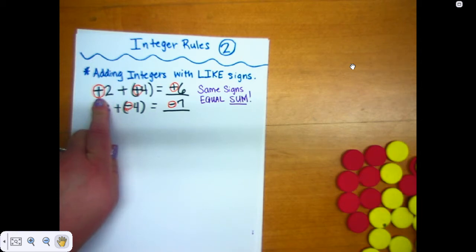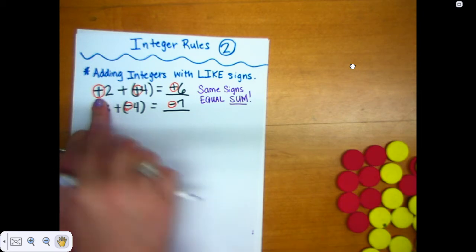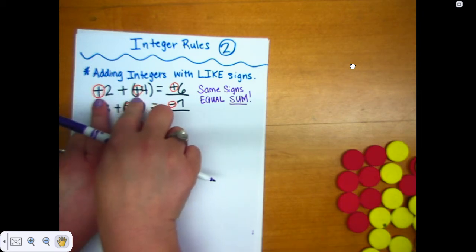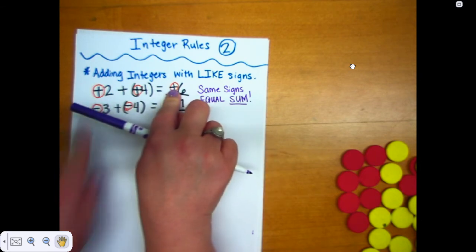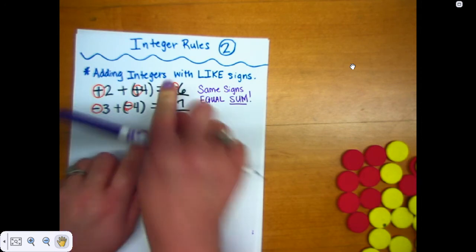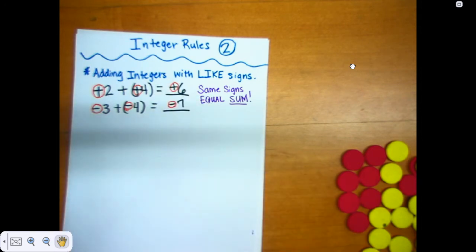I saw the sign. I saw the sign. They were both positive, so I just added and I got positive. Another thing is you need to keep the sign. When the signs are the same, you're keeping the same sign.